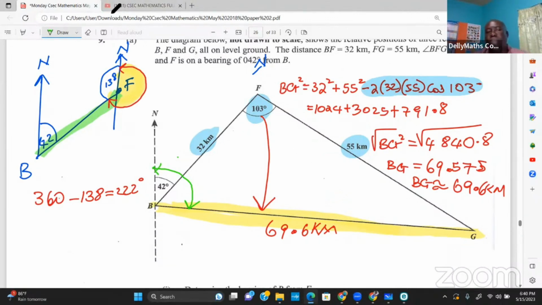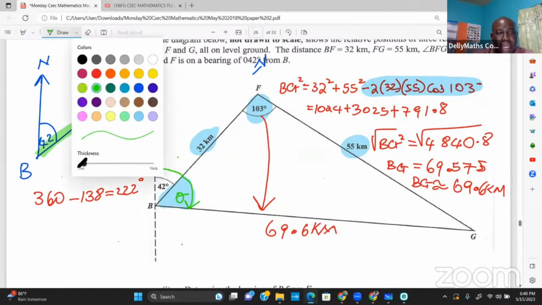So if I have 42 degrees out of that already, it simply means that this is the only part that I need. I only need to find this angle inside the triangle. If I find that angle inside the triangle and add that to 42, then I'll get that bearing of G from B. So let's take our time to put that together.